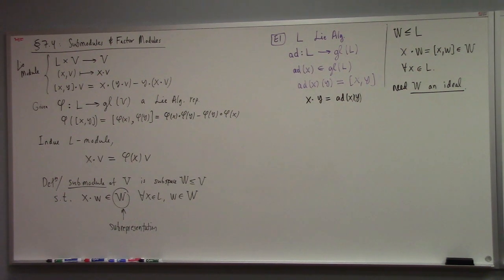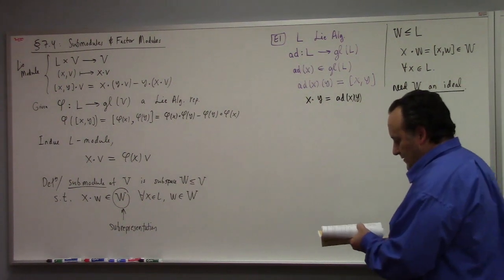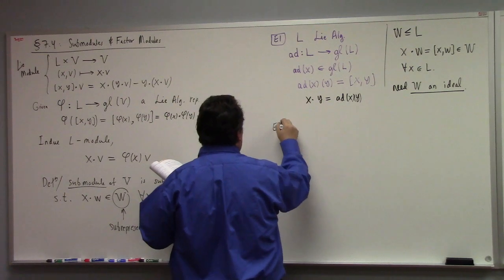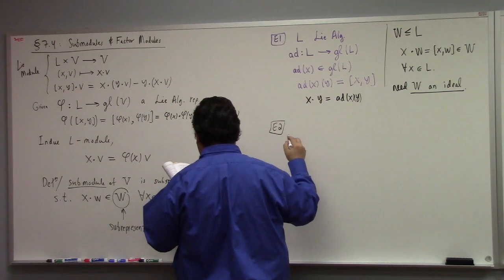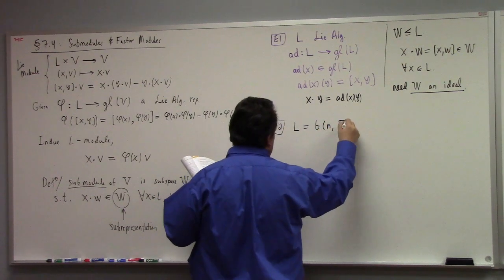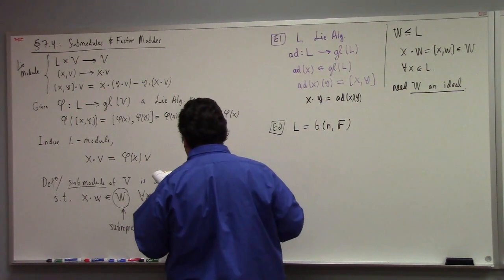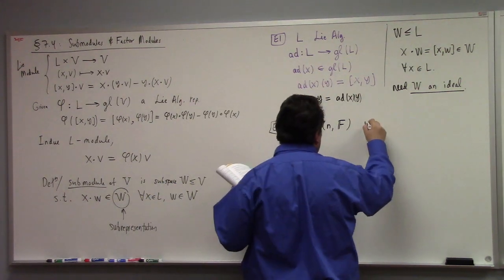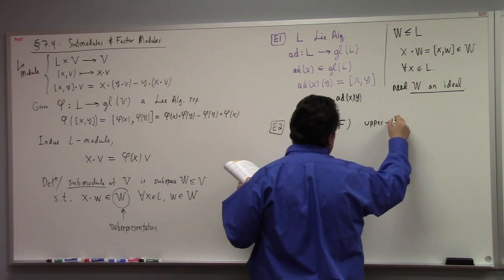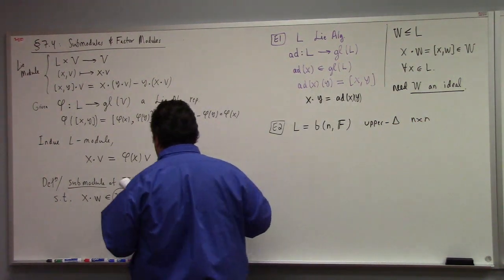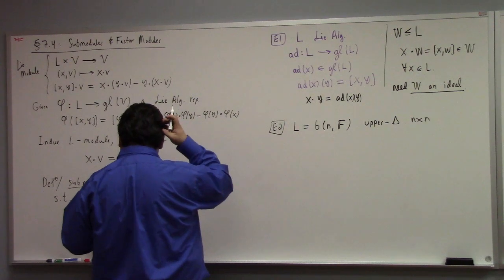All right, so there's an exercise about this, which I guess I probably just did. Example 2. Let L equal to b_n(F), the Lie algebra of upper triangular n by n matrices, and let V be the natural L module.